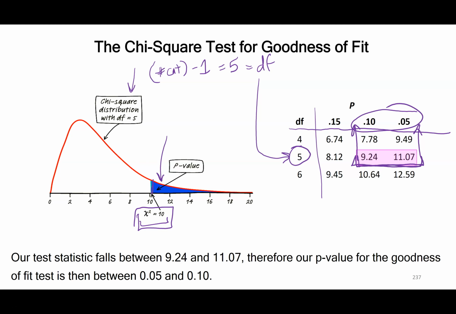Be careful to switch them so that your p-value is between 0.05 and 0.10. You don't want to say that your p-value is greater than 0.10 and less than 0.05, because that won't make sense. So our test statistic falls there. Therefore, our p-value is between 0.05 and 0.10.